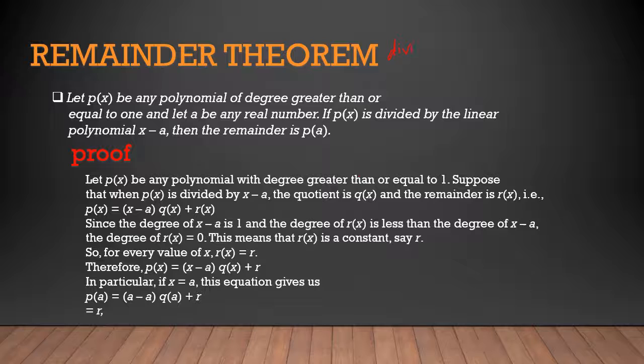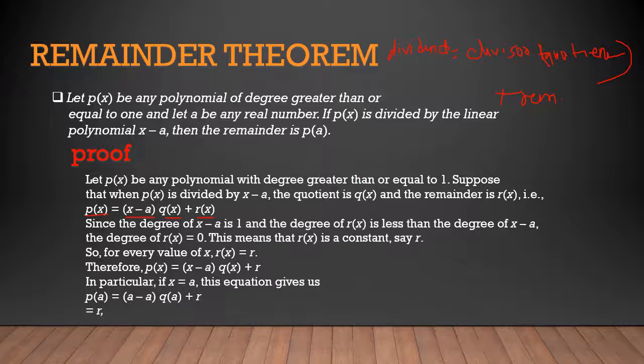As we know guys, dividend equal to divisor into quotient plus remainder. So let's say p(x) is the dividend, x minus a is the divisor, q(x) is the quotient and r(x) is the remainder.